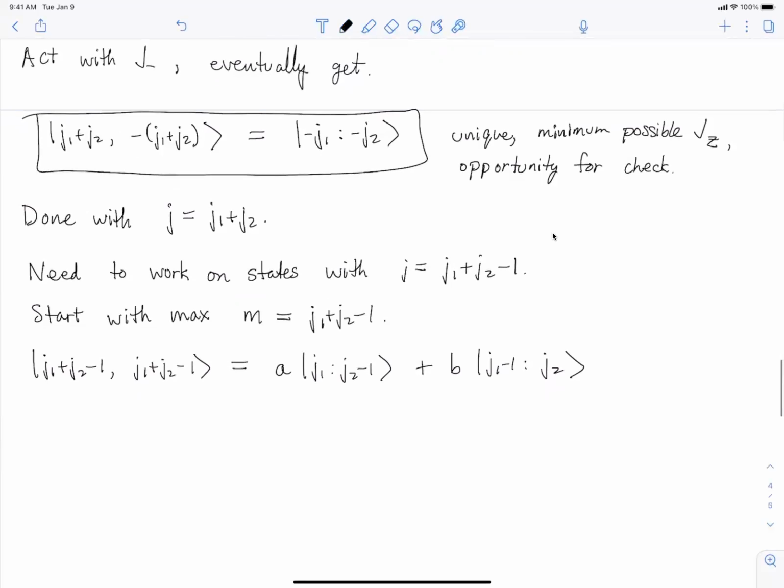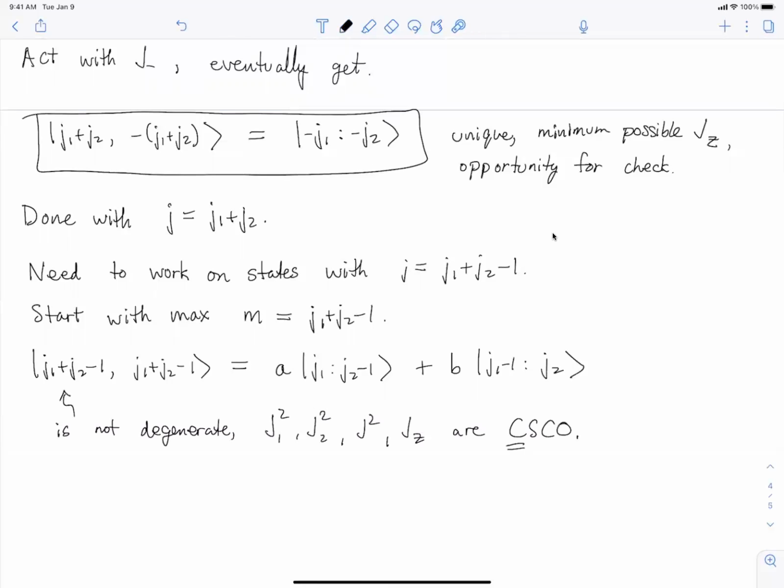Okay, but the state on the left-hand side is not degenerate. How do we know that? We know that because we have a complete set of commuting observables. So it is not degenerate. J1 squared, J2 squared, J squared, and Jz are a complete set of commuting observables.